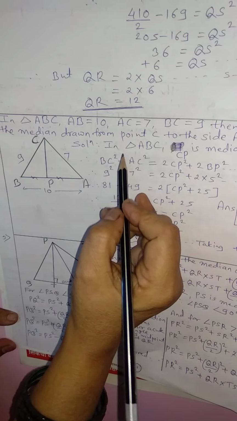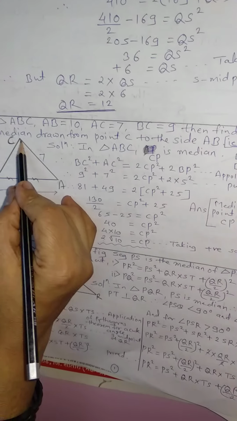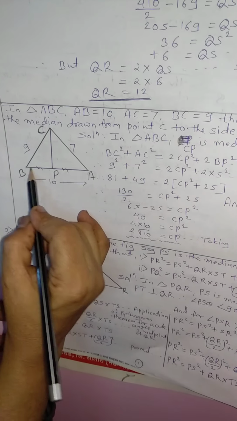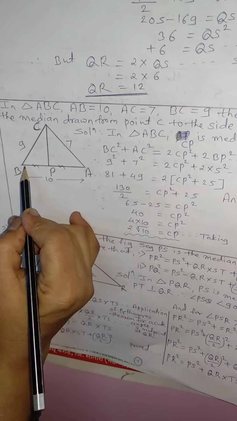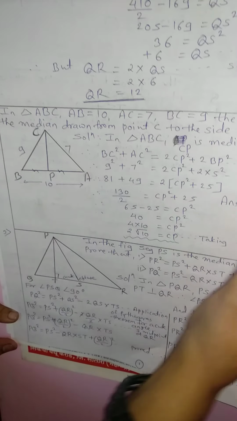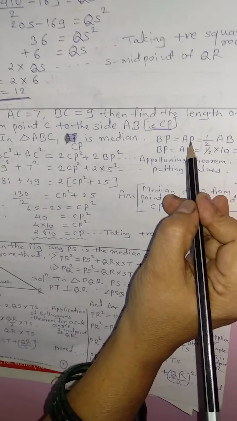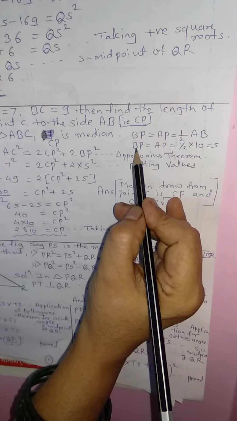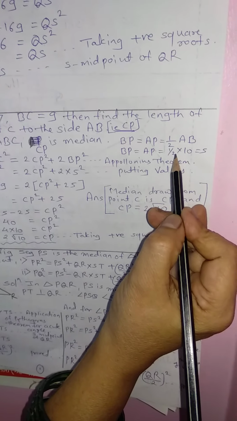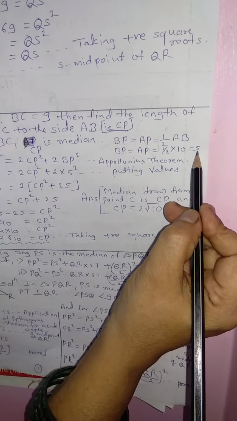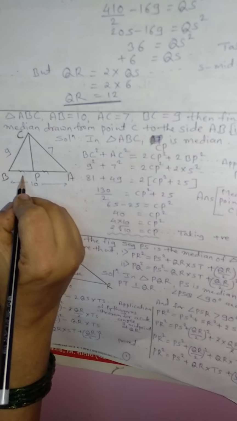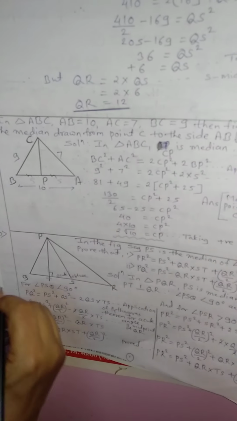So solution: in triangle ABC, CP is the median. So BP is equal to PA is equal to half of BA. Here it is written BP is equal to AP is equal to half of AB. BP is equal to AP is equal to half into 10 is equal to 5. This value is 5 and this value is also 5.